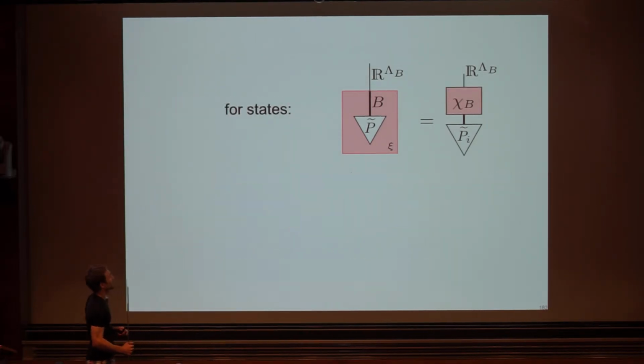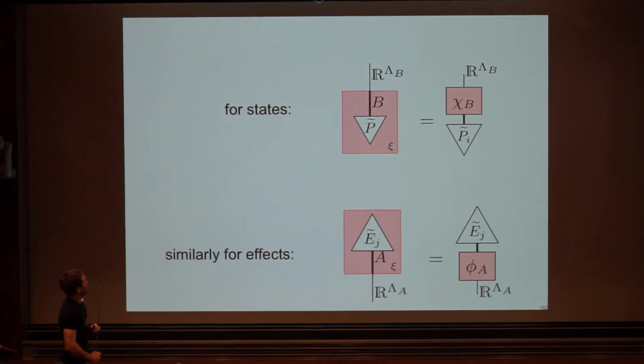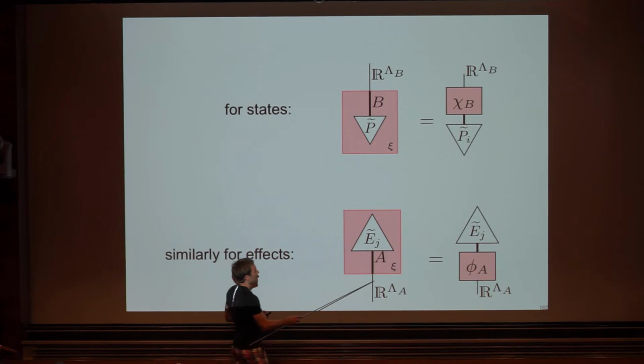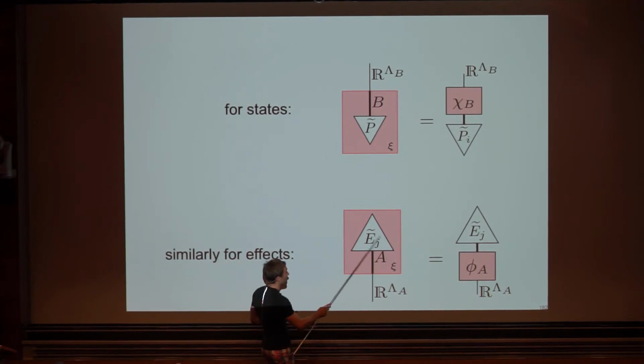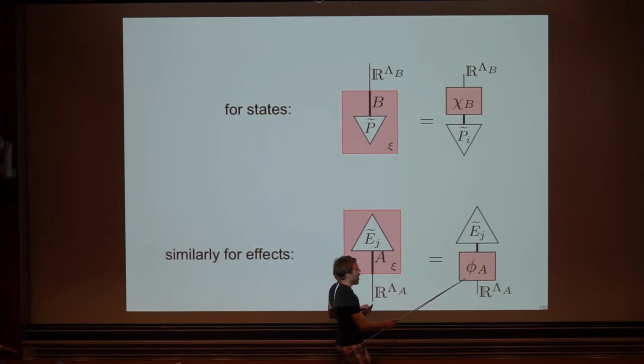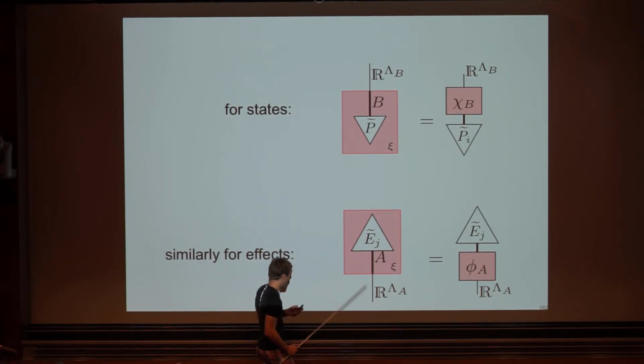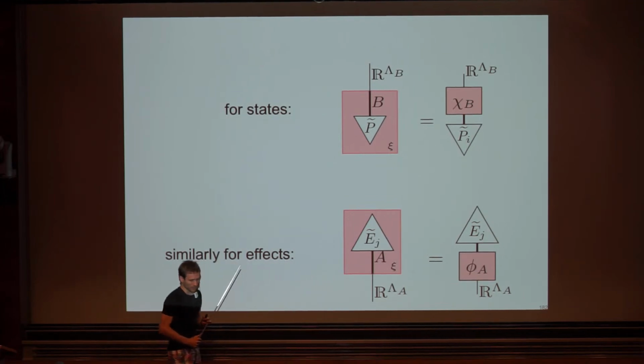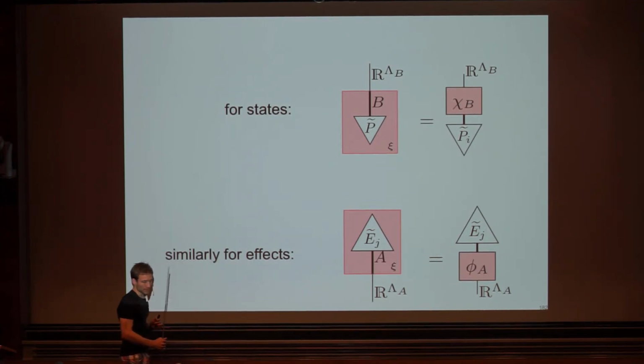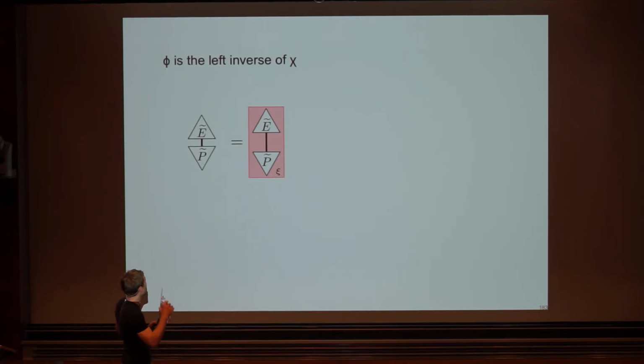So that's a nice little connection. That was all for states. Now for effects, it's the same story. We can represent things either as a diagram-preserving map between two process theories, or we can represent it as a process within the larger process theory, R linear. Either of these works. They're just two different ways of representing the kind of map that we're interested in.